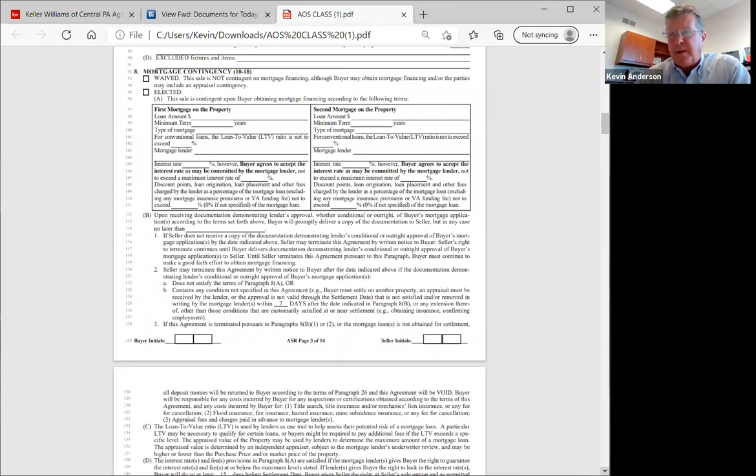Now it can have 5 conditions or it can have 50 conditions, but if you have an approval, whether conditional or outright, of the buyer's mortgage application in accordance to the terms set forth above, buyer will promptly deliver a copy of the documentation to the seller, but in no case later than.